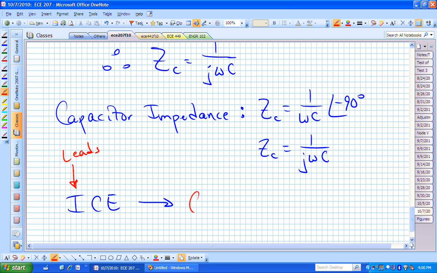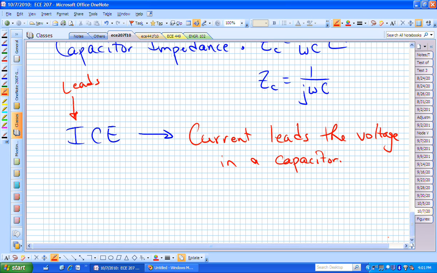So we could say that the current, and you saw that from the phasor angles, the current leads the voltage in a capacitor. And if we were doing ELI, I is behind the E, isn't it? So I lags the voltage in an inductor.